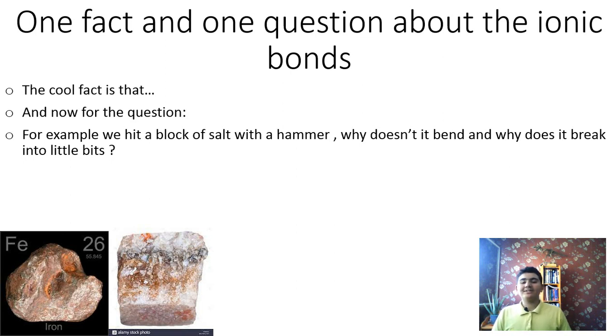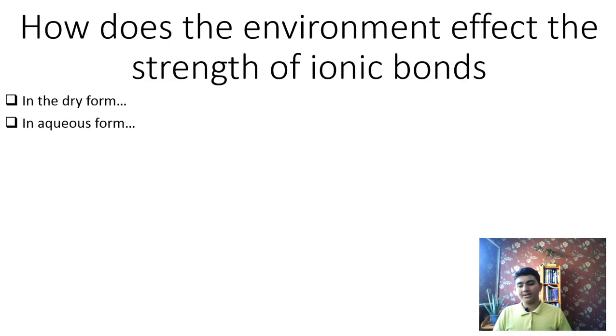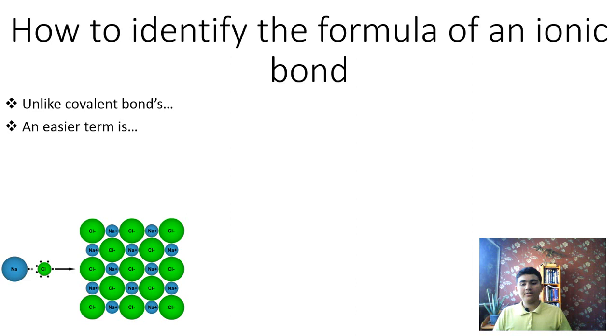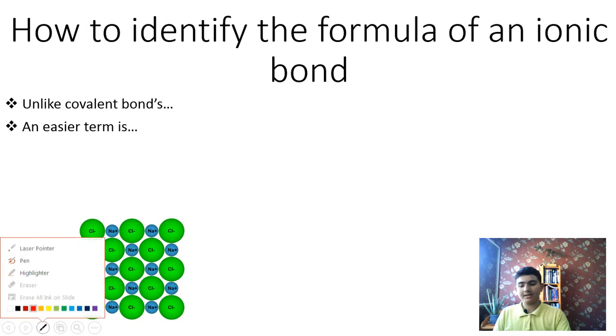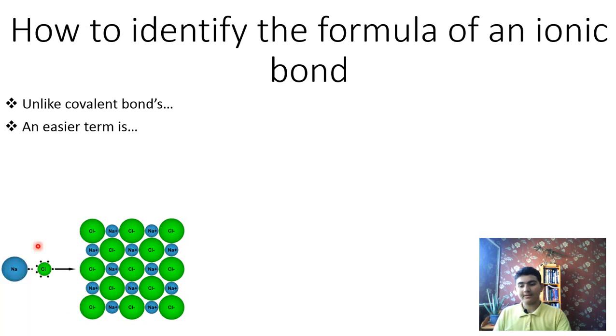A few slides back, let me find that picture. Okay, here it is. We saw that in sodium chloride, the ions are positive and negative. Let me get my laser pointer. As you can see here, chlorine is negative and sodium is positive.